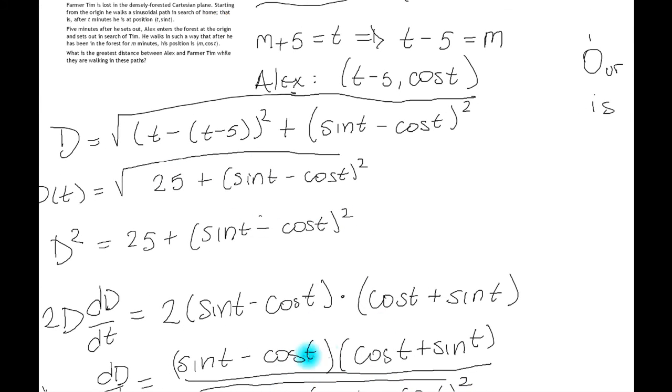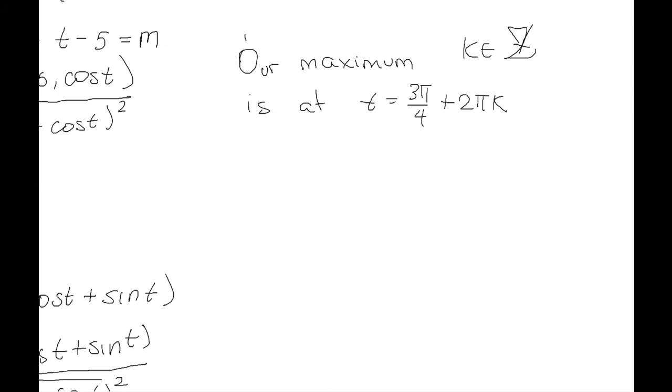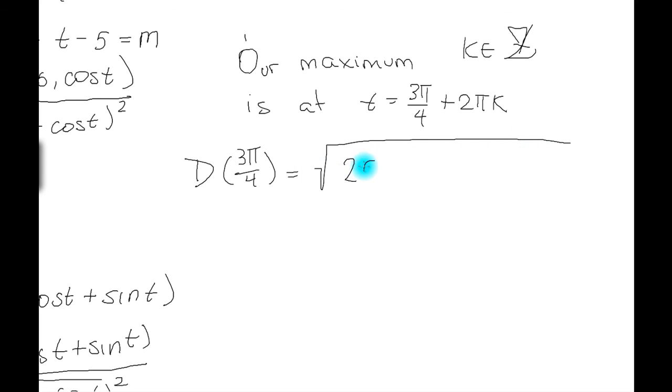Which is this one. So we have d of 3 pi over 4 equals the square root of 25 plus sine of 3 pi over 4 minus cosine of 3 pi over 4, everything squared.